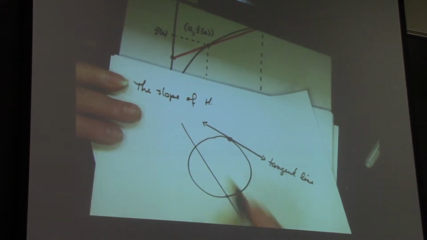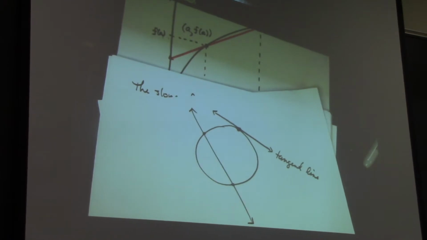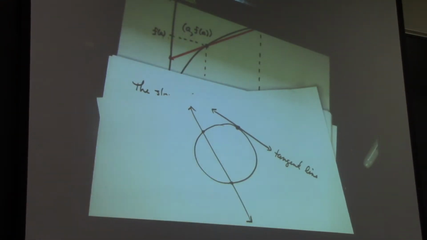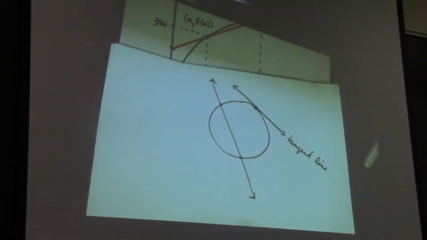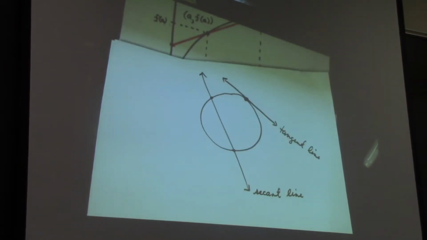If, however, you have a line that intersects a circle, and in general any curve, in 2 points, anyone know what that line is called? It's called a secant line.